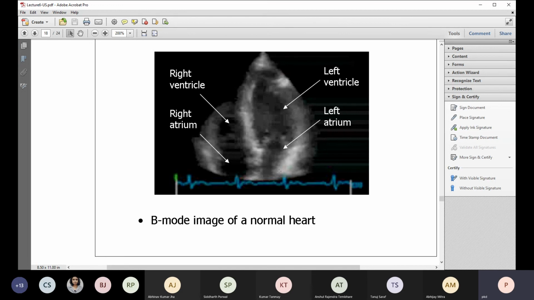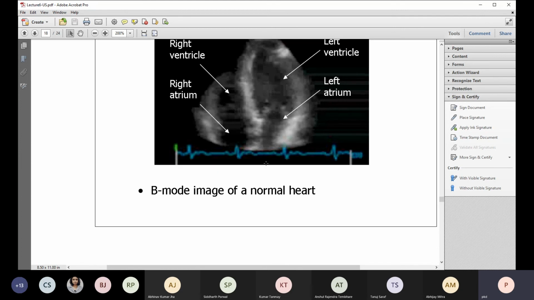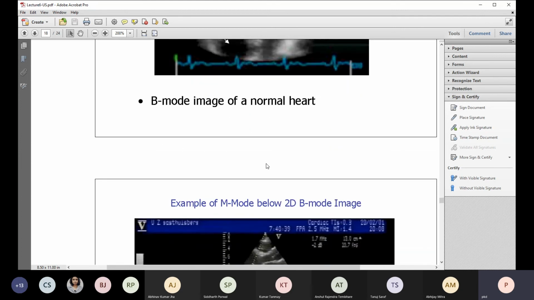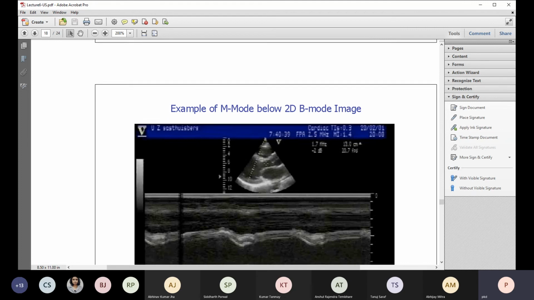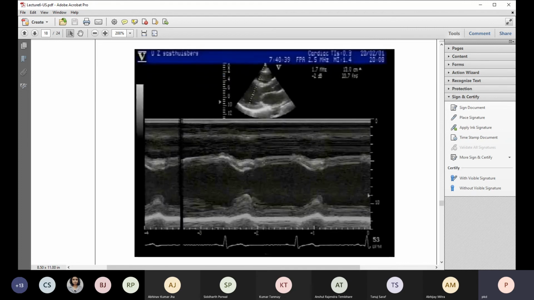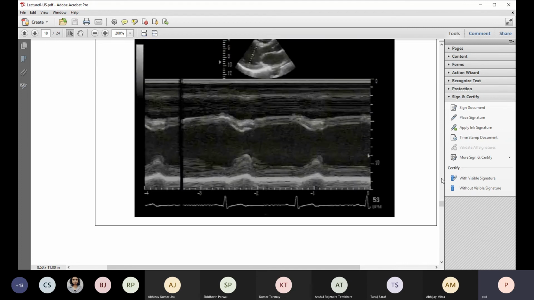X-ray can have resolution of fractions of millimeters, depending on the dose possible. Ultrasound has 1-2 millimeters as maximum resolution. Another example is shown here.